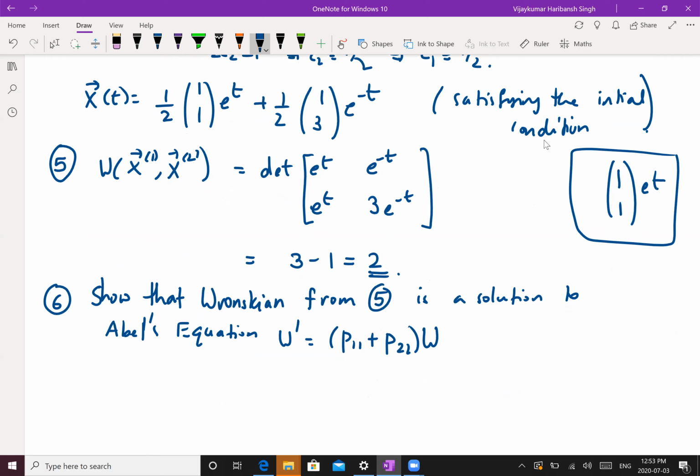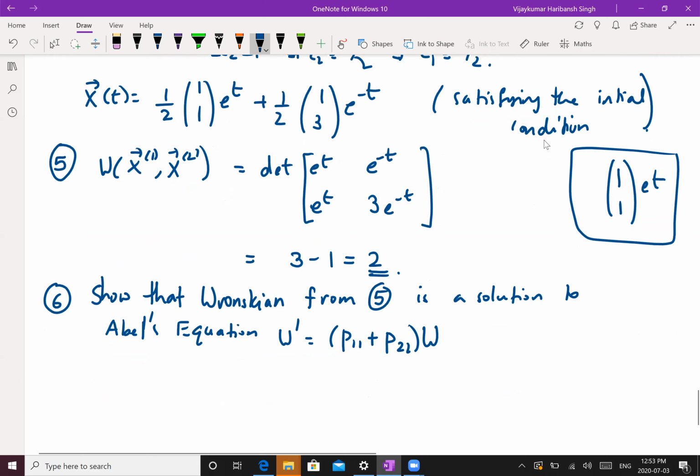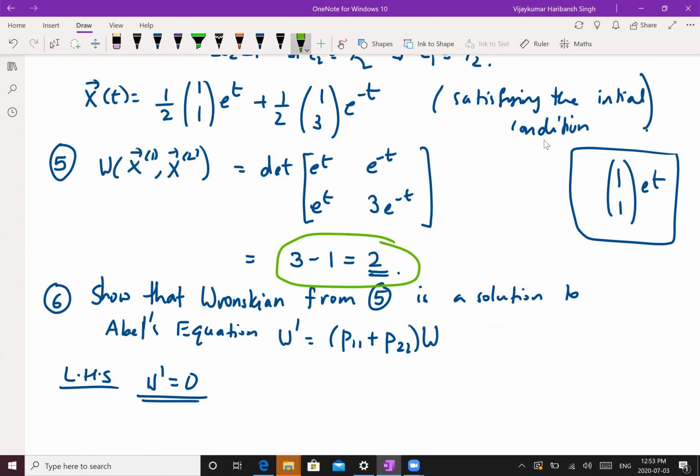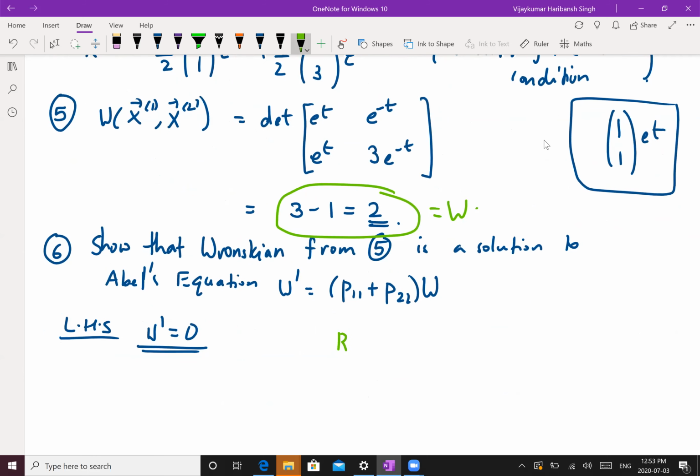Let's see, does it satisfy it? This is the Wronskian we got, so W prime is clearly 0. The left-hand side is 0, because we are using this value as the Wronskian. And what about the RHS? The RHS is P11 plus P22.